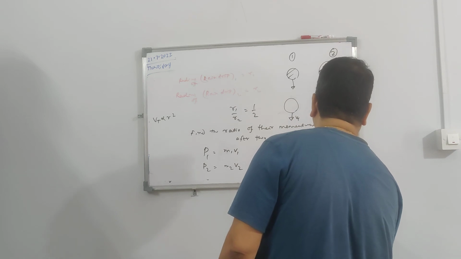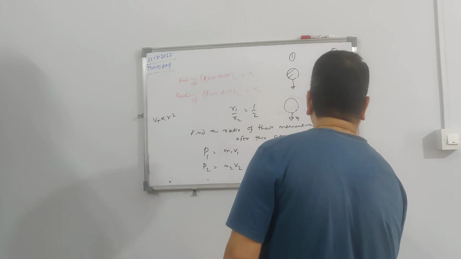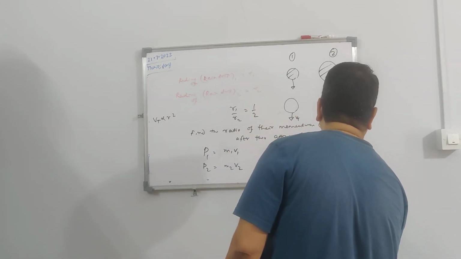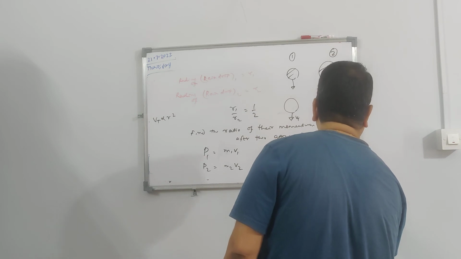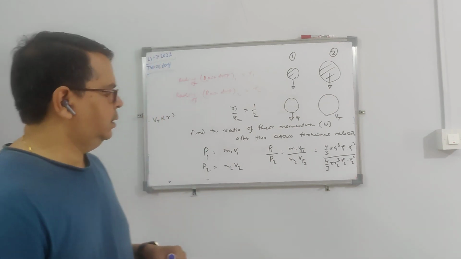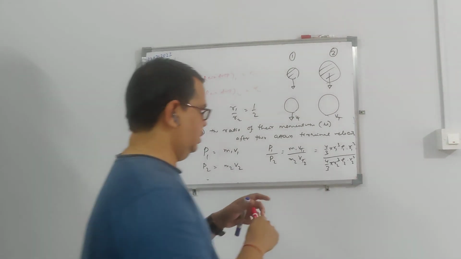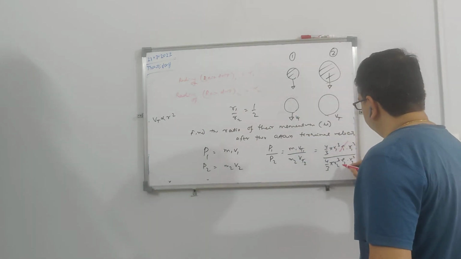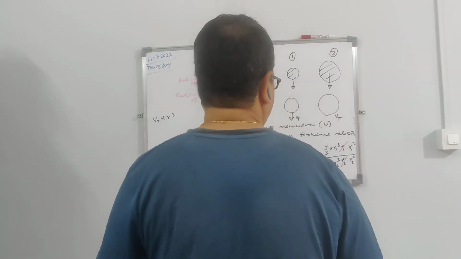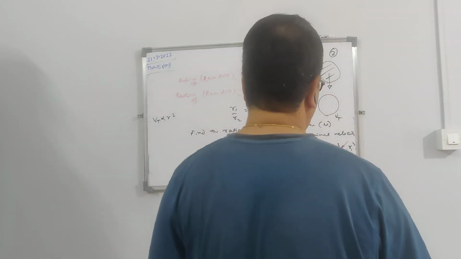Then 4 by 3 pi r2 cube, this is also rho 2, then r2 square. So this rho 1, rho 2 cancels because this is the same ball, and then this cancels, this cancels, this cancels.